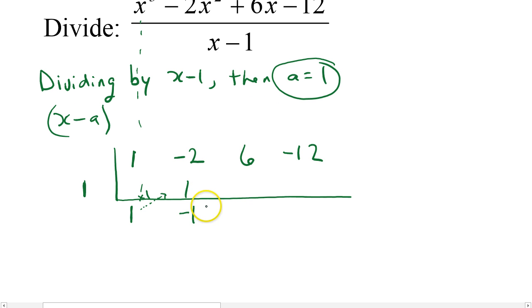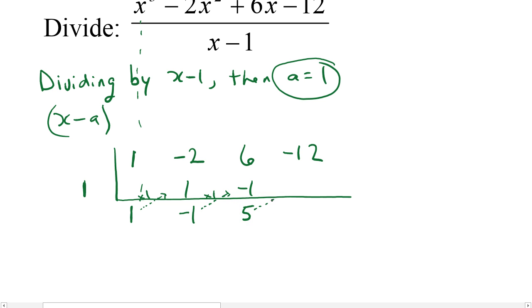And now again, when I go up this way, I'm going to be multiplying times 1. So whenever I'm going to the next column, I go up and fill this out: -1 times this 1 over here is going to be equal to -1. And now I add these again. 6 and a -1 added together is 5.